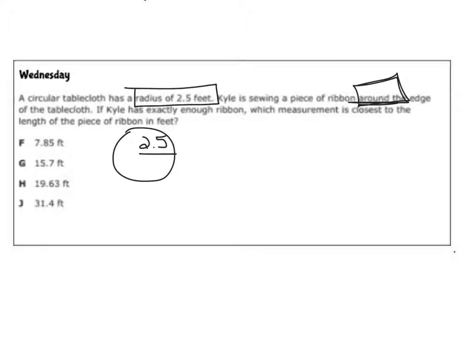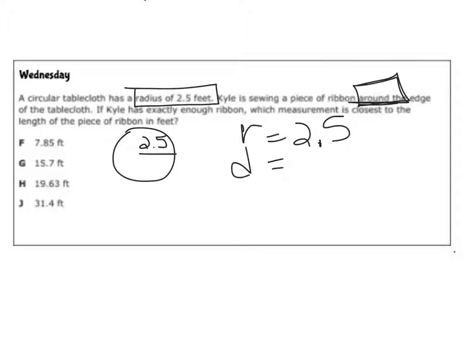So what I want you to do is look in your composition book, look for that reference chart, and tell me which formula you use. Malika. Okay, so we have radius is 2.5, so we're going to go ahead and do diameter.